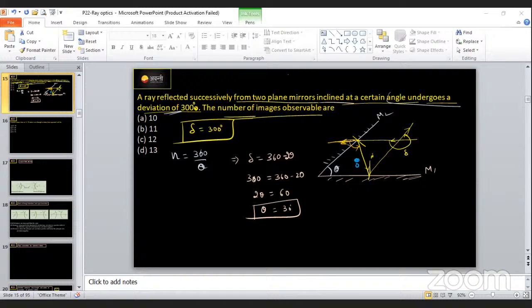But this 12 is an even number. If you get an even number, we need to subtract 1. Then the correct answer is 11. This means when you keep an object between two plane mirrors at an angle of 30 degrees, 11 images will be formed. So 11 images. Clear?